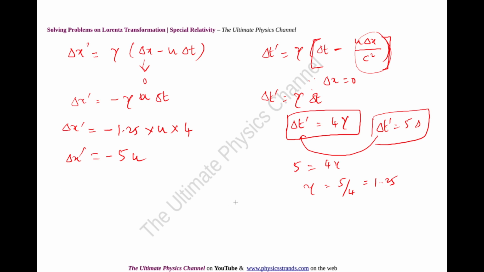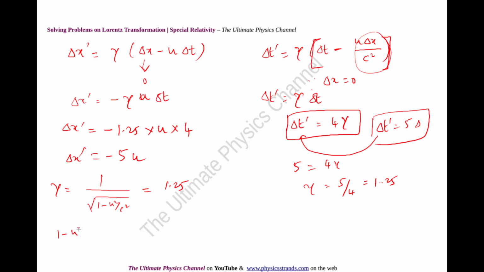Now I can calculate u based on this. How do we calculate it? Gamma is equal to 1 over the square root of 1 minus u squared over c squared, which is equal to my 1.25 here. I square both the left and right hand sides, and then take it to the other side.